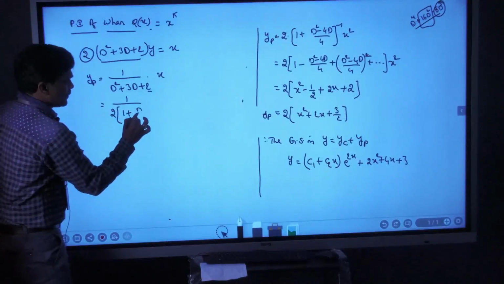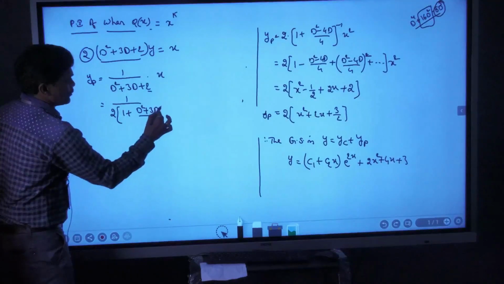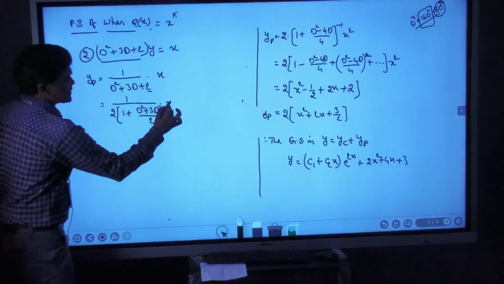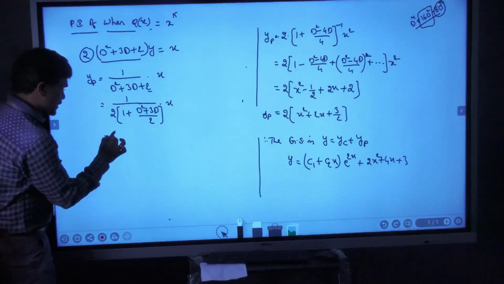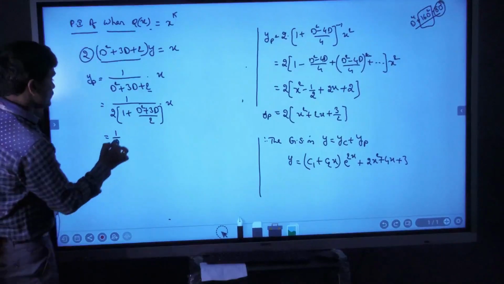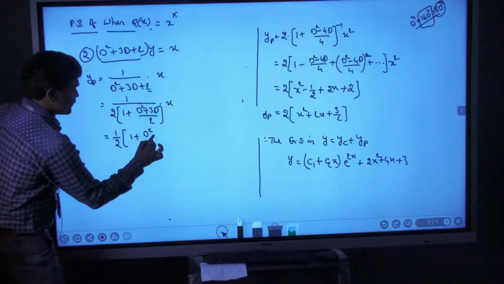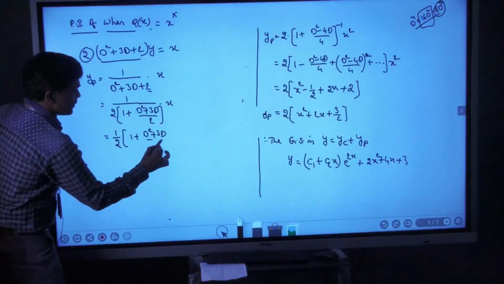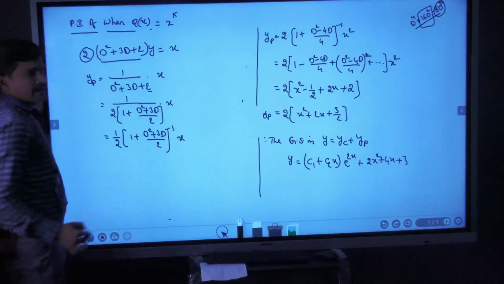Finally we get 1 plus d square plus 3d by 2 into x. Now take it into the numerator, this can be written as 1 by 2, 1 plus d square plus 3d by 2 inverse into x.